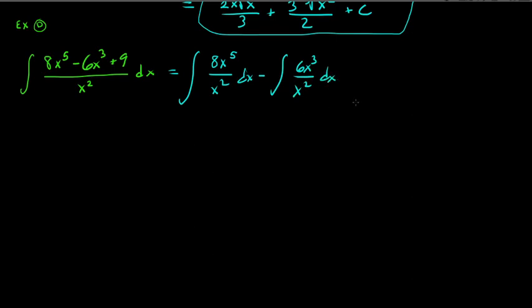Oh, you know what? I'm using the sum rule already, which is fine. Like I say, you can get used to that. But let me write it as a single integral first. So 8x to the 5 over x squared minus 6x cubed over x squared, right, plus 9 over x squared.